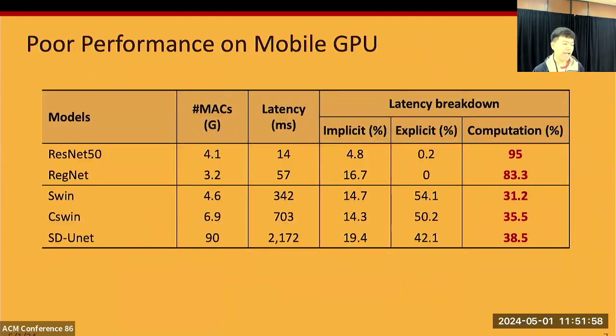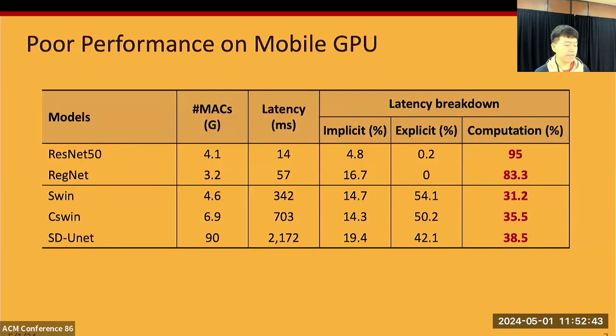And here is evidence to show what the real challenge is and what the real overhead is when we run deep neural networks on the mobile GPU with frequent data reorganization. In this table, in the first column, we show the different models. We show 5 models here: 2 convolutional models, ResNet 50 and RegNet, and 3 transformer models with different attention mechanisms like Swin, CSwin, and Stable Diffusion U-Net. In the last 3 columns, we see the latency breakdown.